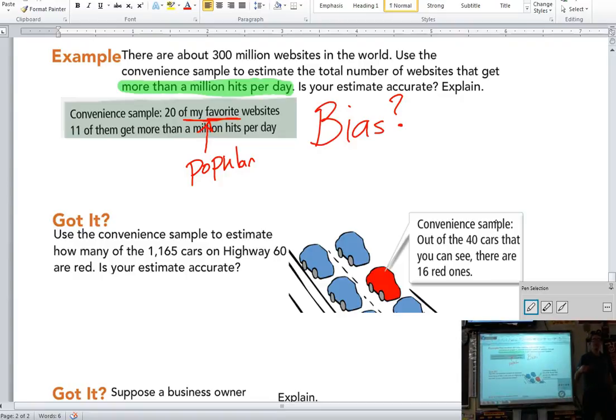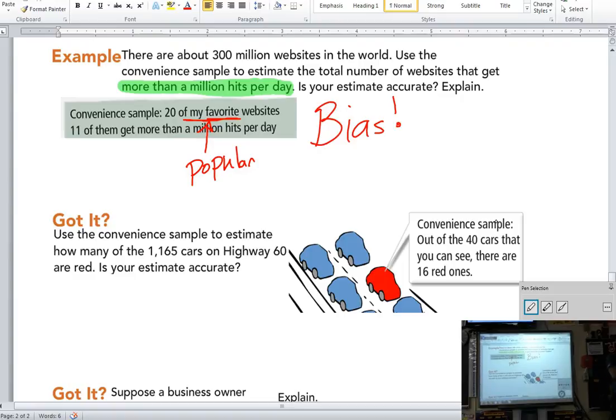You have inherently created a bias in your data collection. What would be a way to get rid of that bias? Unless you're really unique, unless the websites that you go to are so far in left field that other people don't know about them, like problematic.com, the one that I use to create all my tests and everything, I doubt a lot of people go to that.